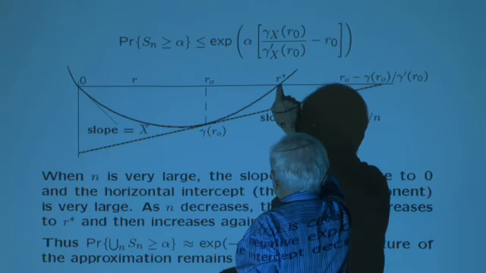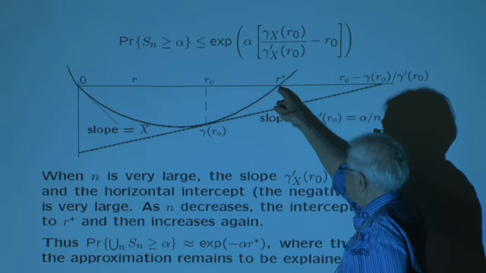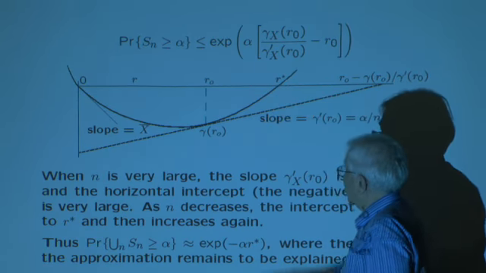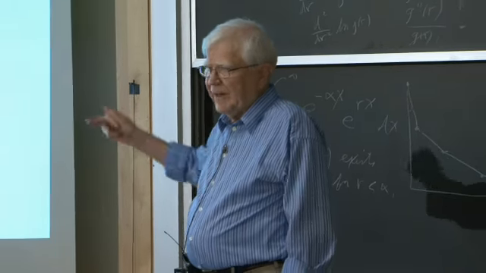It comes into there, and then it starts going back out again. This e to the r star is the tightest the bound ever gets. That's the n at which errors in the hypothesis testing usually occur. It's the n for which Sn greater than or equal to alpha is most likely to occur.